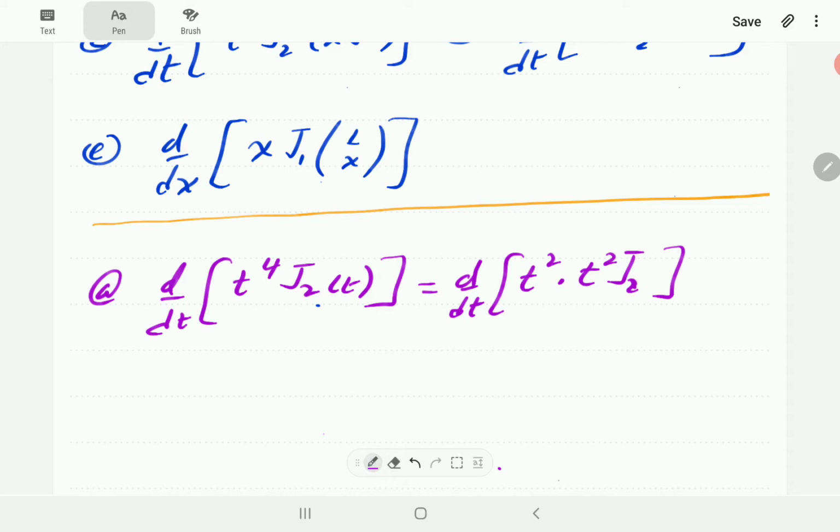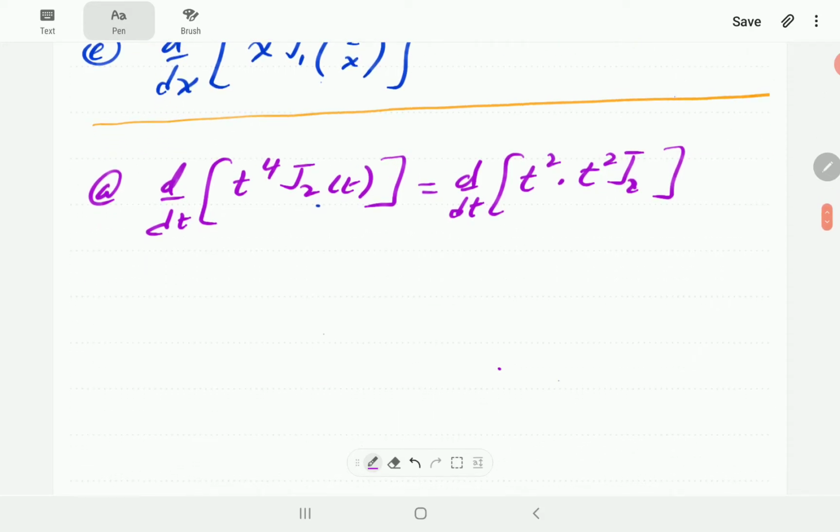All right, then I can now use the product rule. This is going to be one term, this is going to be the other term. So if we differentiate t squared, that gives us 2t. Keep this fixed, and then now we're going to keep t squared fixed.